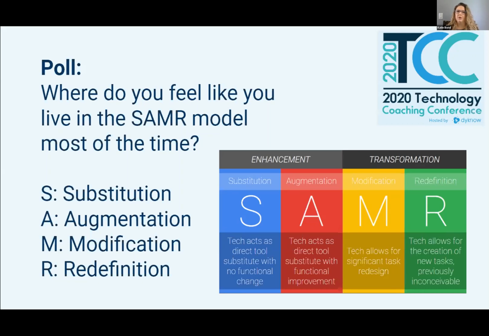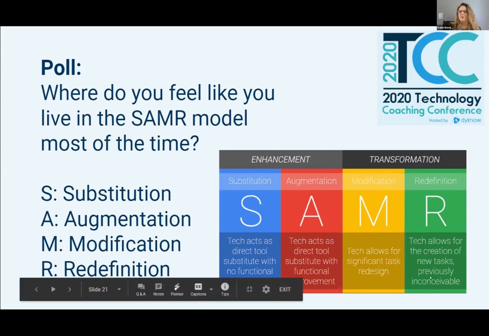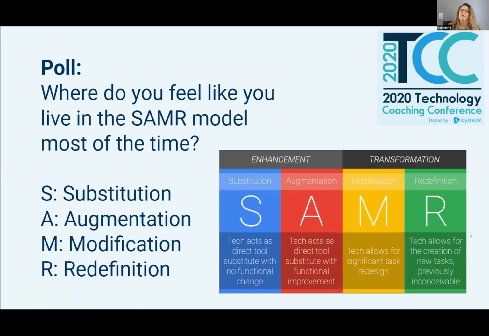When I started, as a high school pre-calc math teacher, I didn't do a whole lot of redefinition and modification. And the more I researched in this position, the more time I had to look and see what was possible. The privilege of having this type of position is we get time to play with the tools and figure out how they work.